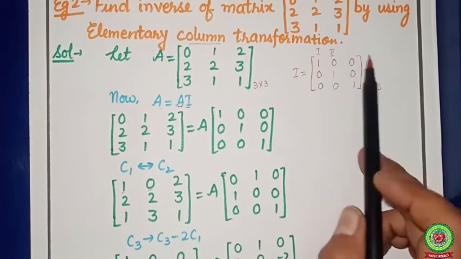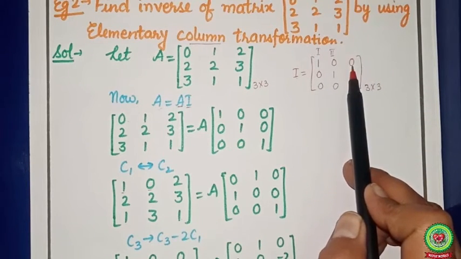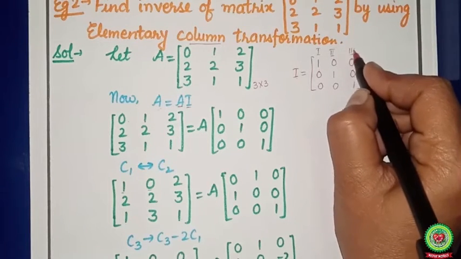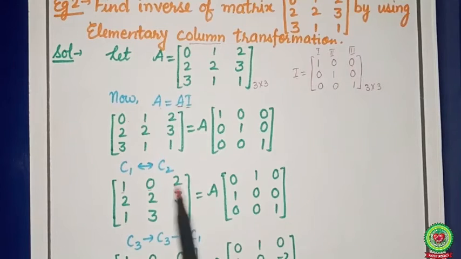Now we will make the third column 0 by using column 1. So we have to work for the third 0. Now here 2 is there in the third column. In the first column it is 1. Now we will make it 0 using column 1, so 2 minus 2 will be 0.